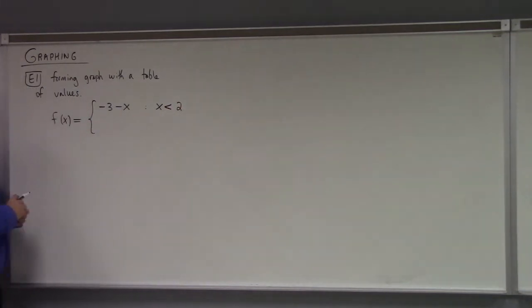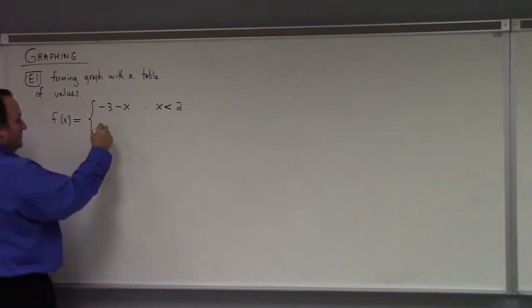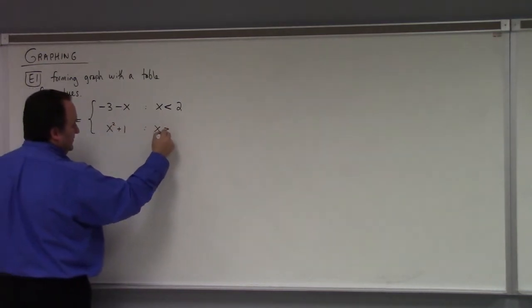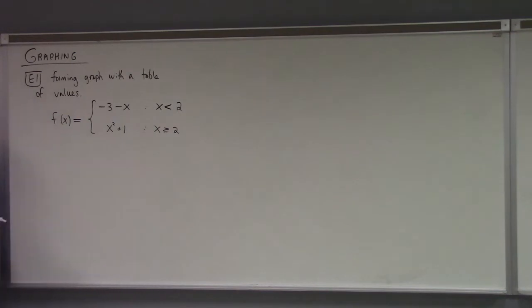All right, and then let's say x squared plus 1 for x greater than or equal to 2. So the way this works is there's two different formulas, right? And which formula you use depends on what case you're in.